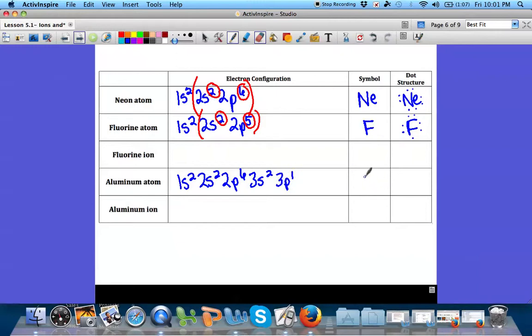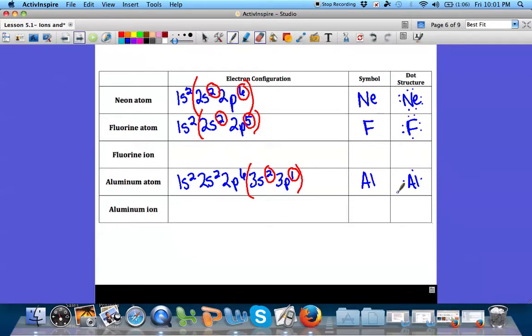The symbol for aluminum is Al. Our highest energy level for aluminum is our third energy level. So we have 2 valence electrons in our S sublevel and 1 in our P sublevel for a total of 3 valence electrons. So our dot structure is going to be Al with 3 dots on it.